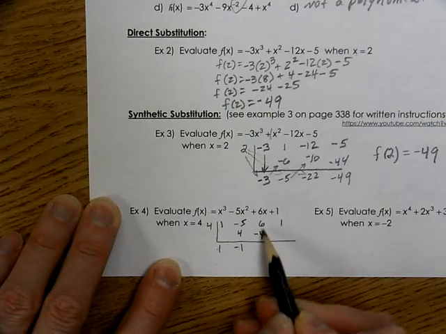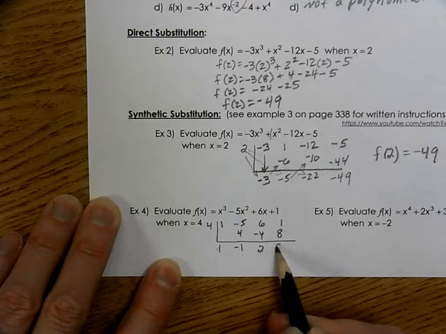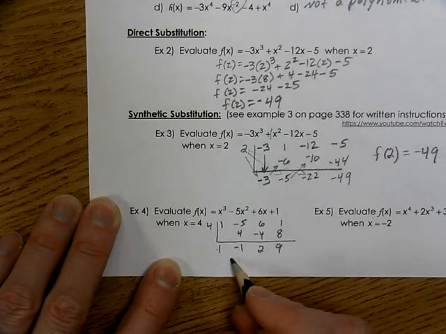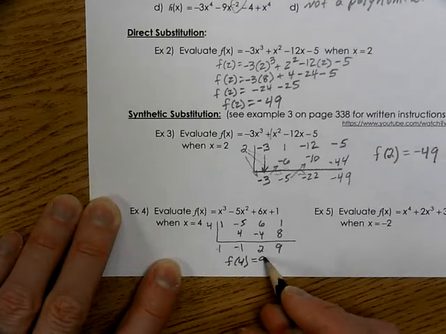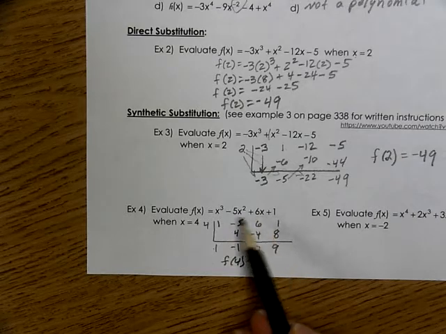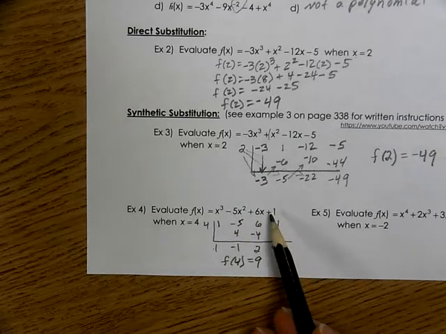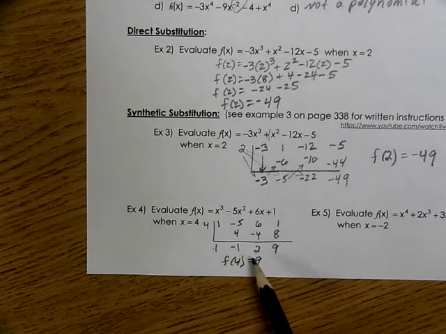Multiply, add them together, multiply, and add them together. So f of 4 equals 9. So for this polynomial, which is specifically called a cubic, it has a point where x is 4, y is 9.